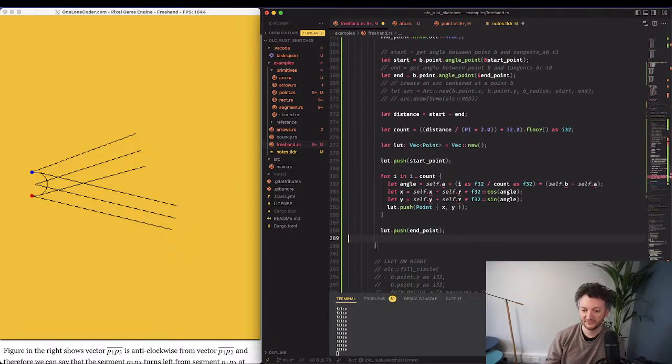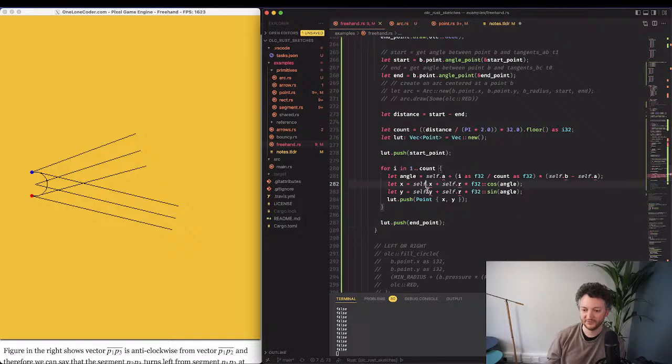And then we are going to draw every point. And then this is going to be B. And instead of A, it's going to be B dot point.